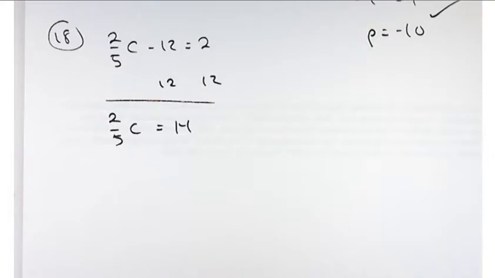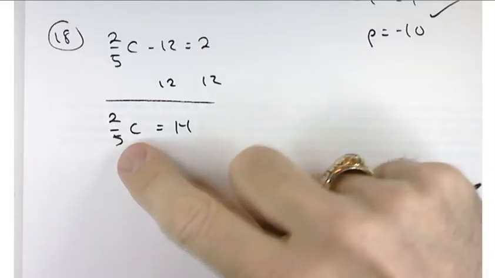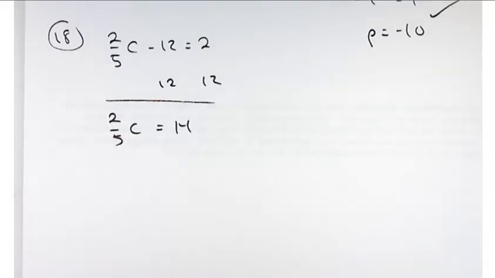So there's a couple ways to do this, but we've got a fraction in front of our variable. There was a way we did this the other day. Do you remember what we did to get rid of that coefficient? Perfect. Multiply by the reciprocal.